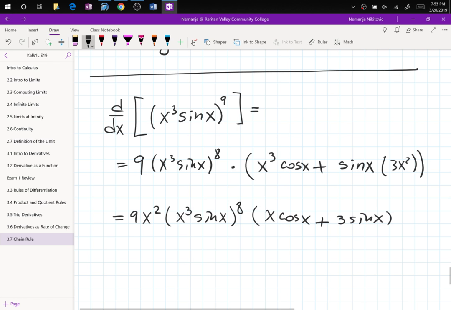Can we make this even better? Sure. You can go x cubed to the 8 is x to the 24, and then these two make x to the 26, sine x to the 8, and yeah, you can do things.